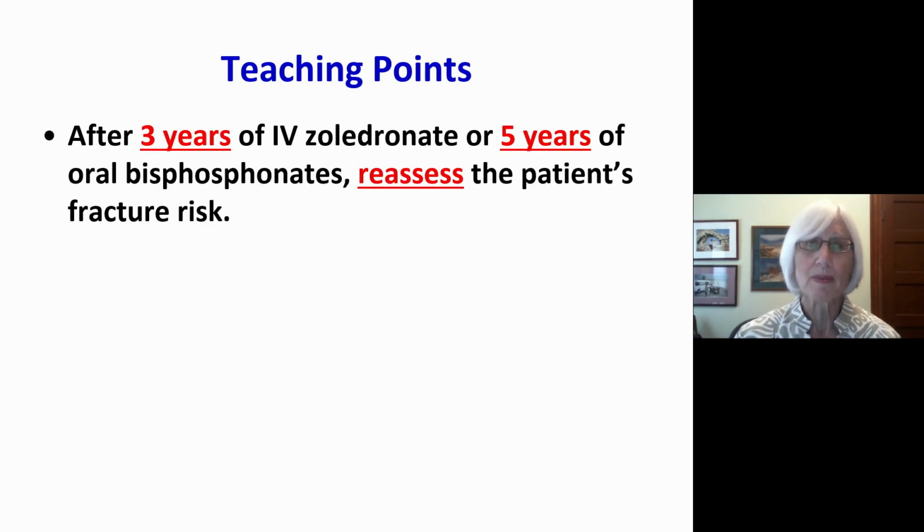So here is what the experts have come to. After 3 years of intravenous zoledronate or reclast, or 5 years of oral bisphosphonates, you should reassess the patient's fracture risk.